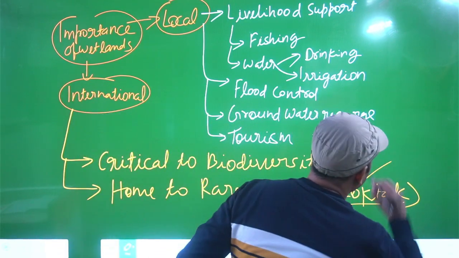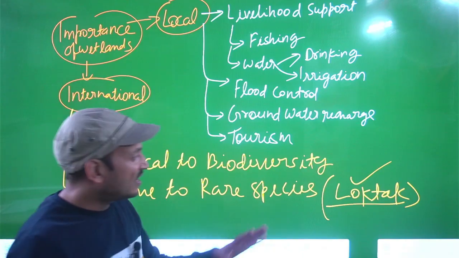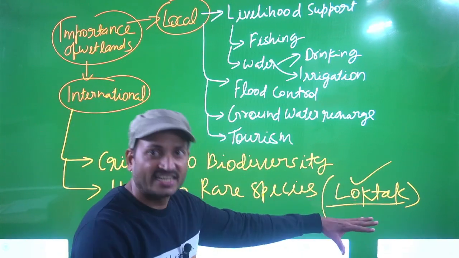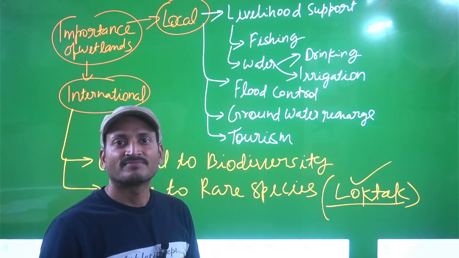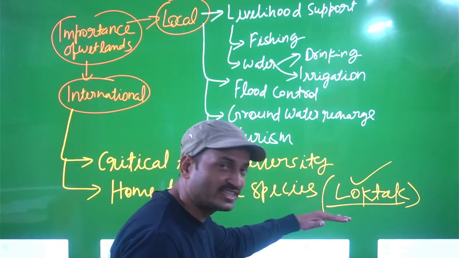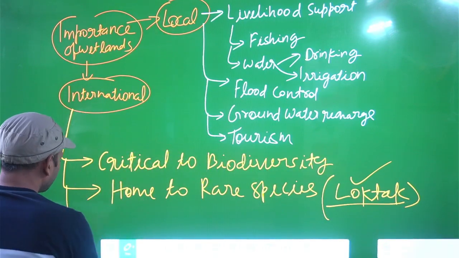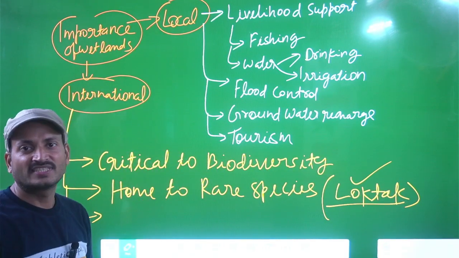So Loktak Lake provides a safe stay to the Sengai deer. So that's how we see that wetlands could be home to rare species as well.